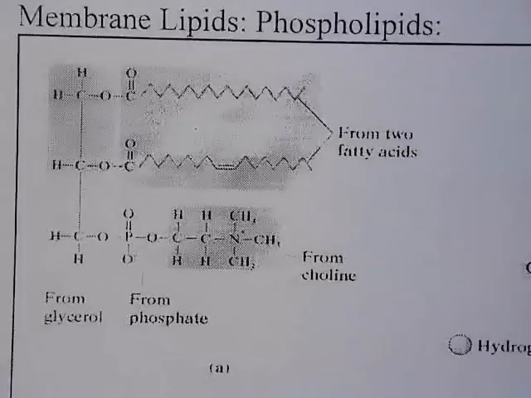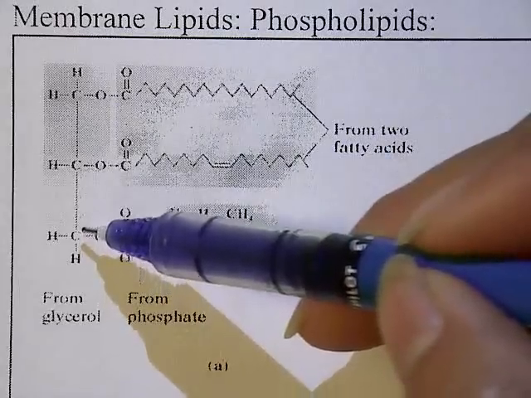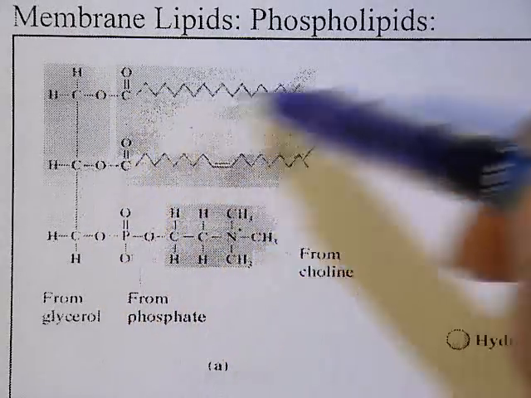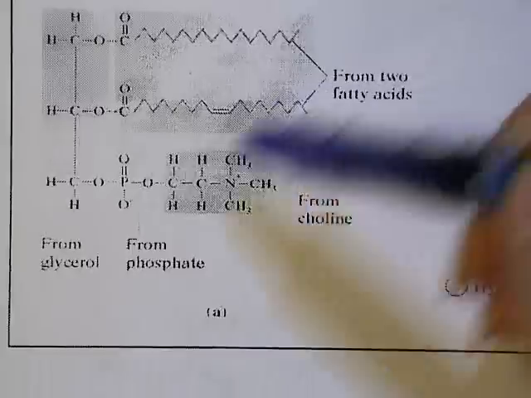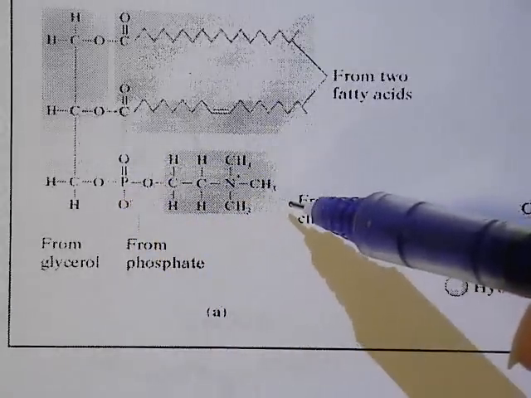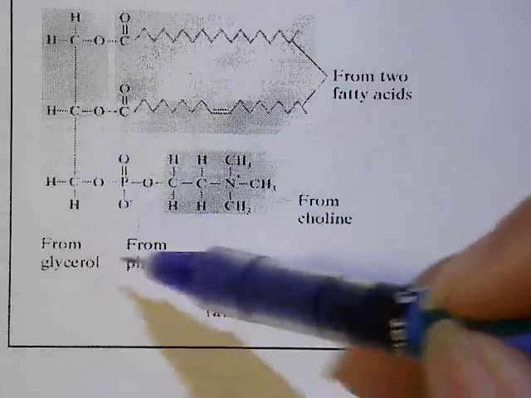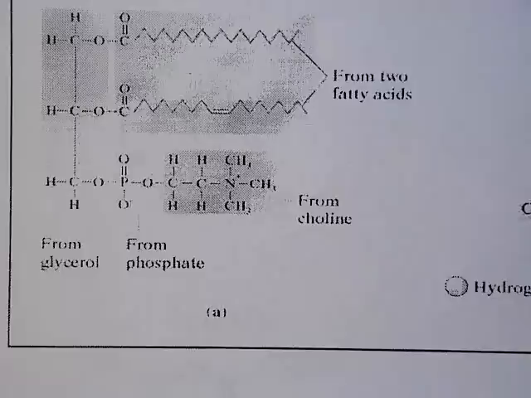It's glycerol derived. Two of the OHs have the long chains on them, one saturated and one unsaturated. And on the third one, you have a phosphate group and a choline group, which has the plus and the minus. This is the equivalent of the carboxylic acid salt in soap.